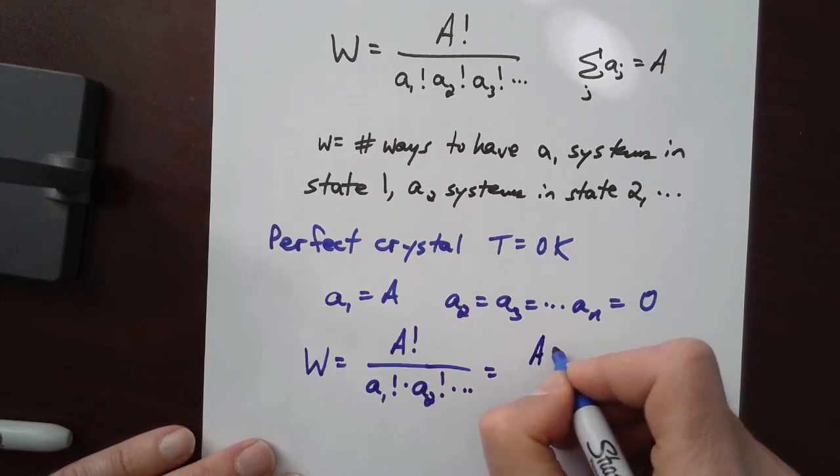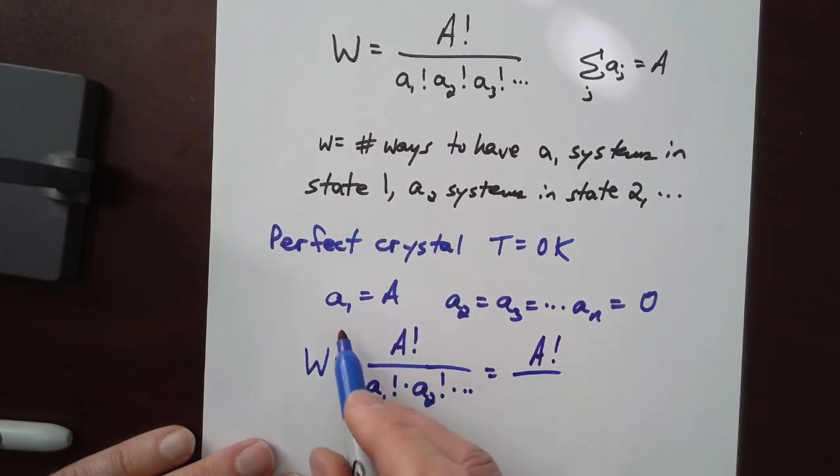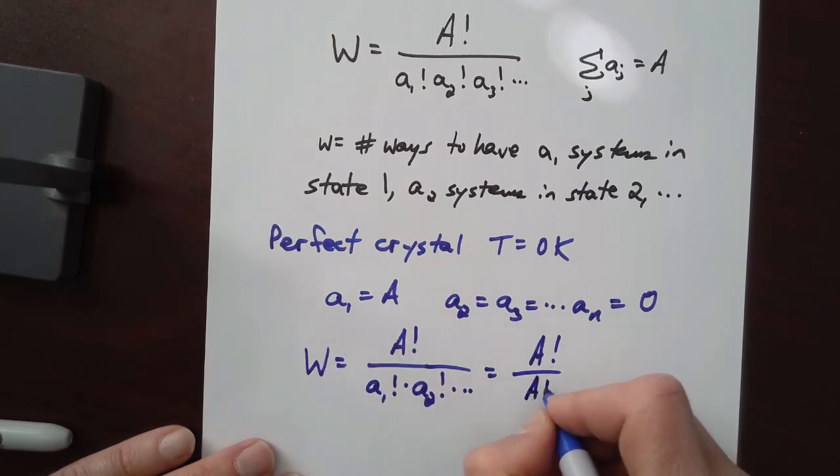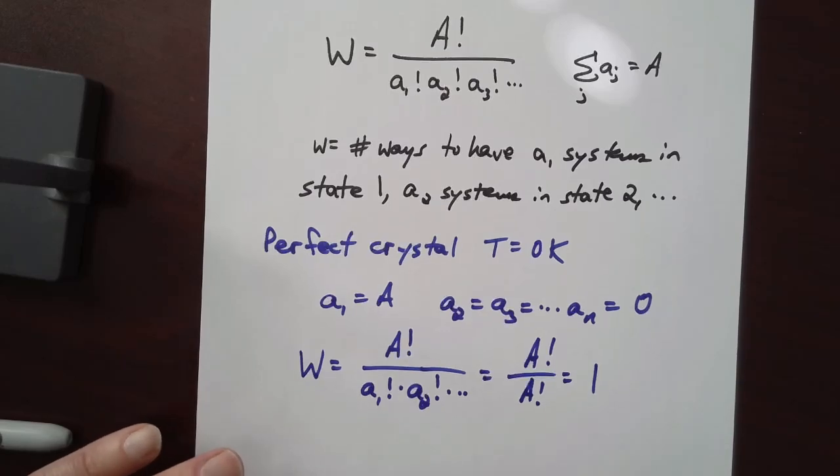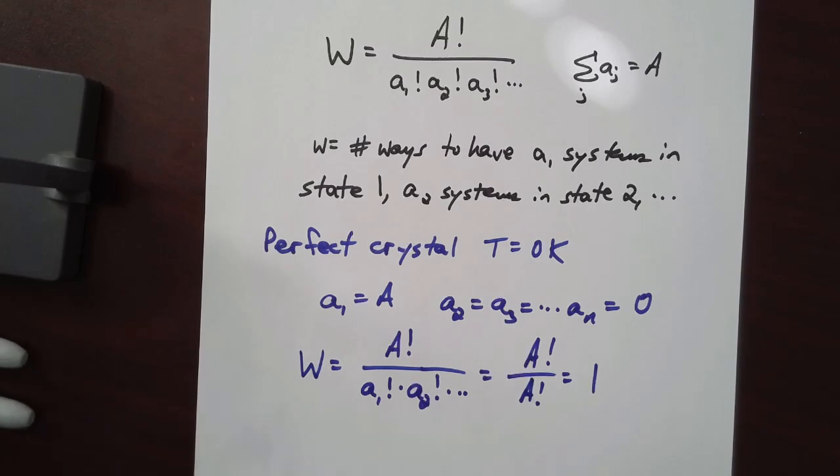And so then you're left with A factorial over, and if I substitute in A for A1, W equals 1. And this makes sense. There's only one way to put everything in the ground state.